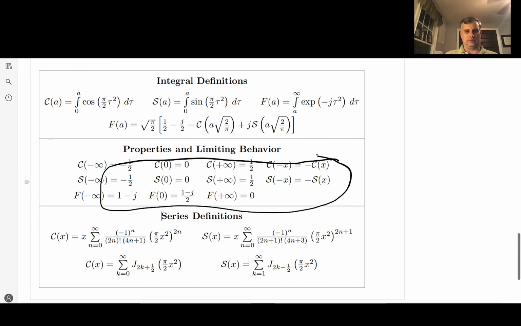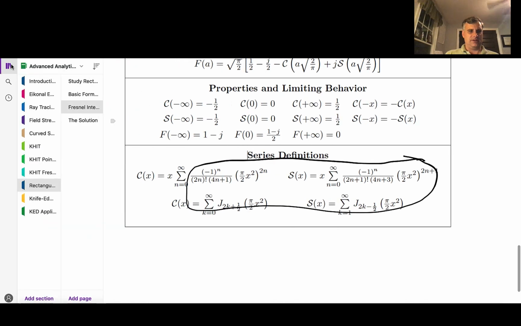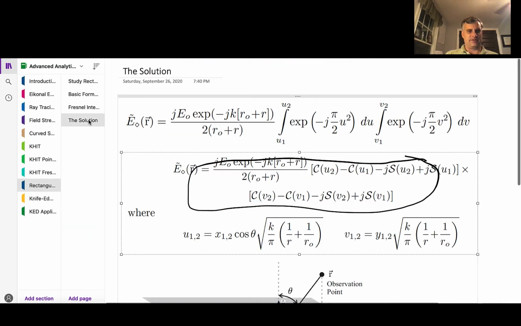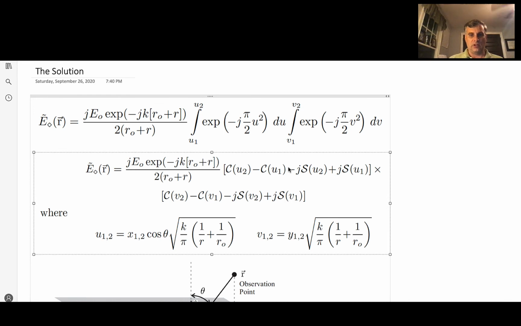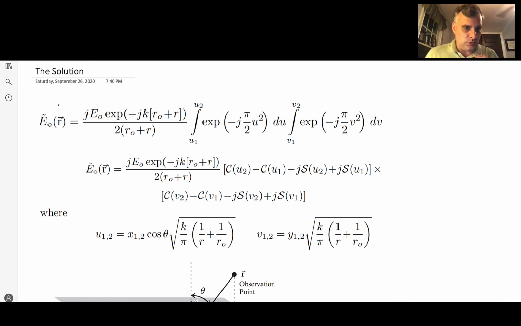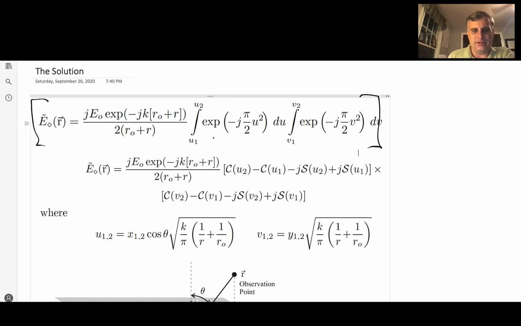So, now that we know all there is to know about the Fresnel integral function, let's plug this into our original problem. Here's my rectangular aperture of field, E or H. It's related to the initial amplitude of the field.